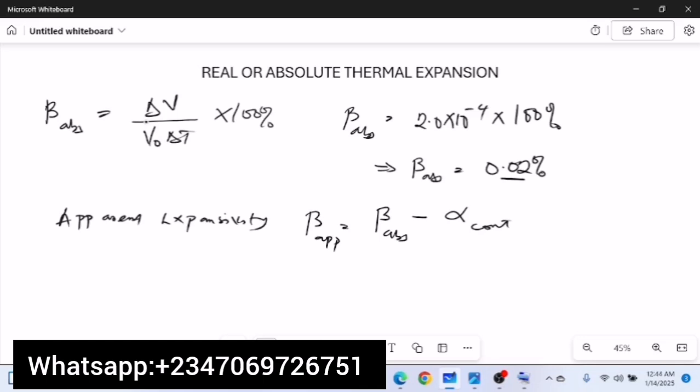But you recall that I've done a video on linear, area and volume expansion in solids. Since the container is always going to be a solid, and you recall that volume expansion is 3 times the linear expansivity of that given solid.